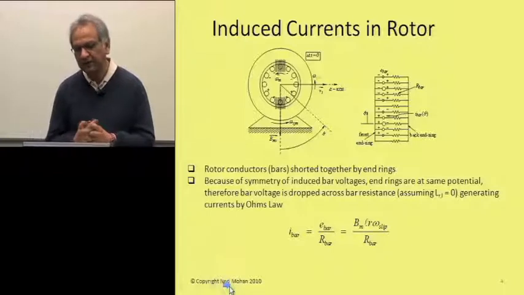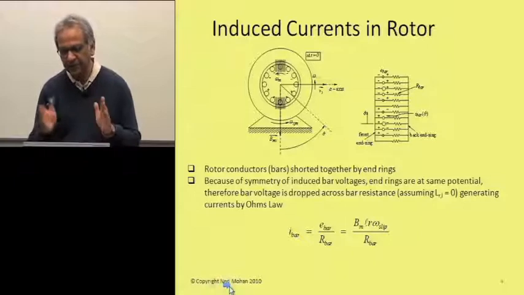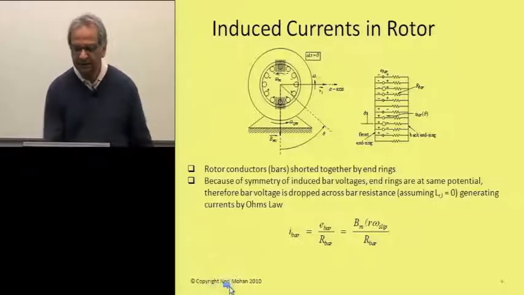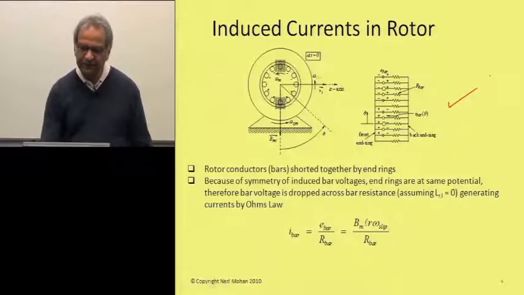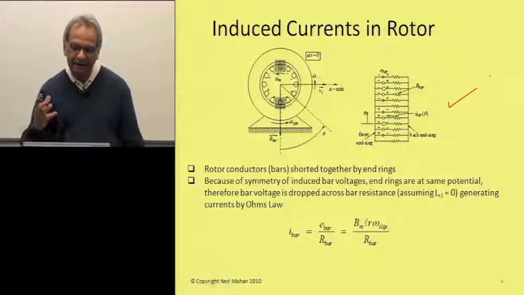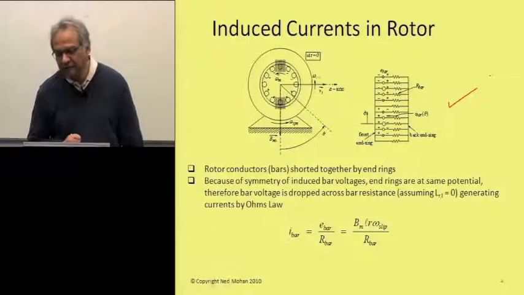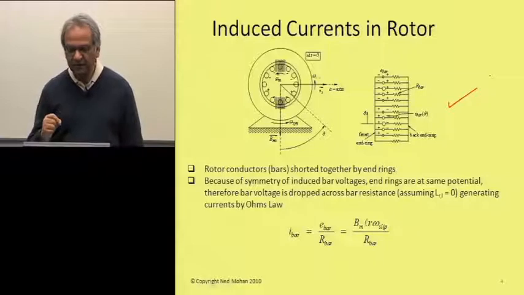So there's only the resistance of the rotor bars, and these bars are short-circuited at both ends. You can see that the induced voltage in each bar is different, and of course the bar resistances are the same, so the amount of current in each of these bars would be different.